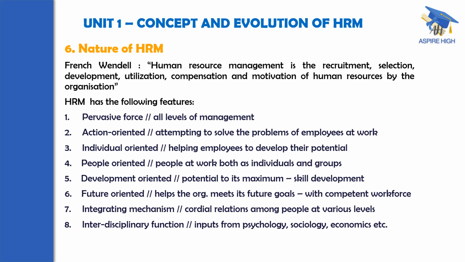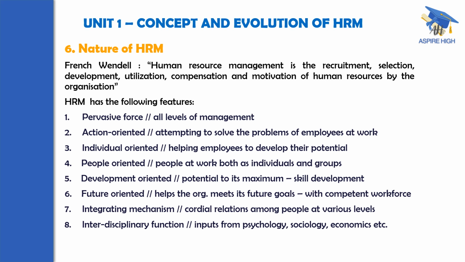Individual oriented, we have discussed a number of times: development of the individual employee's potential for the benefit of the organization. But in contrast, we have another feature, people oriented. When I say HRM is individual oriented, we are also saying that HRM is people oriented. What does it mean? Why is there a difference? Both are actually different.